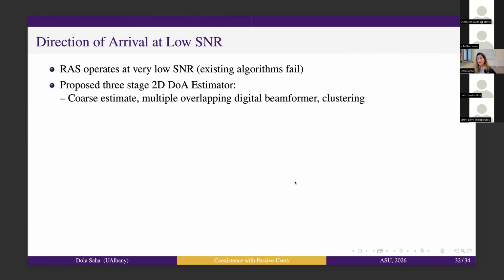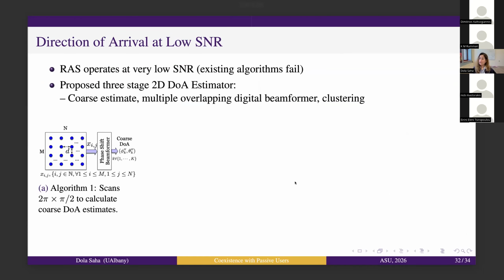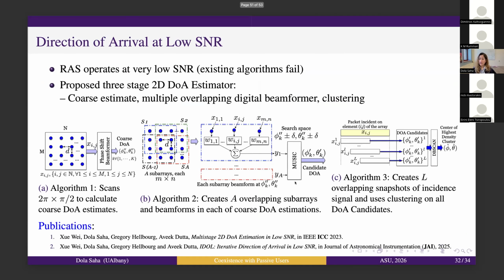So we also need to do direction of arrival. Although direction of arrival has been done for a very, very long time, and there are several algorithms that are very well known, we still did not find enough work that really does it in very low SNR scenarios. So that's where we felt that we have to work on that. So what we did is we have a 3-stage algorithm.